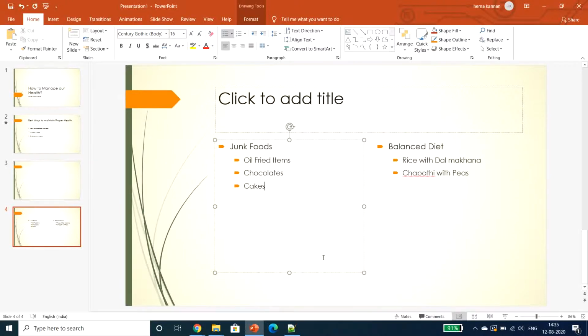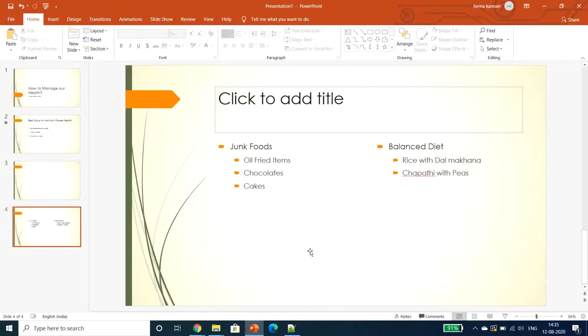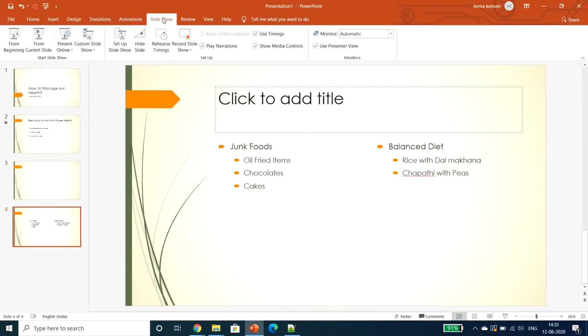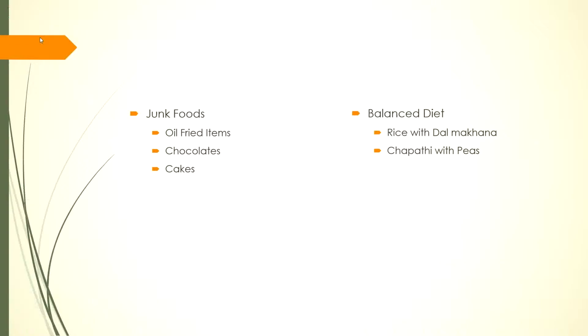That's it. So this will be the balanced diet. This is a good food and this is the junk food. And now I wanted to check the layout of this current slide only. For that, just click slideshow and from current slide.